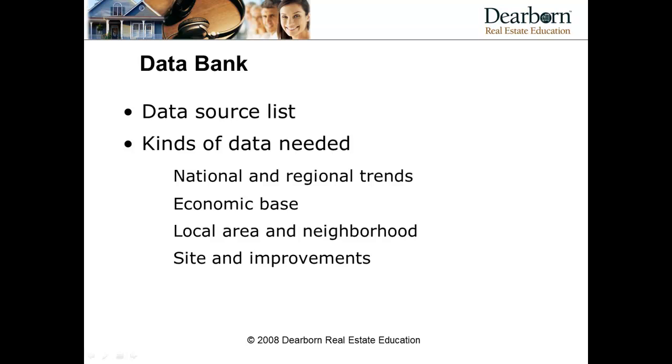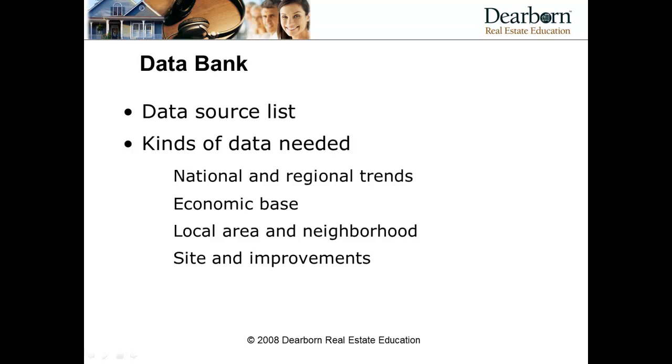And that then leads me to my other comment that much of the data you'll gather and use in your appraisal reports will be reusable. So you may only update the market data every quarter or so unless there's some significant change. And similarly, once you've described a neighborhood, the boundaries, the type of improvements of homes that are there, you may only need to update that every year or two.